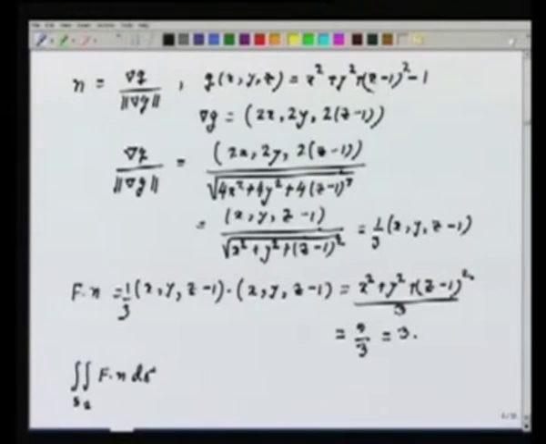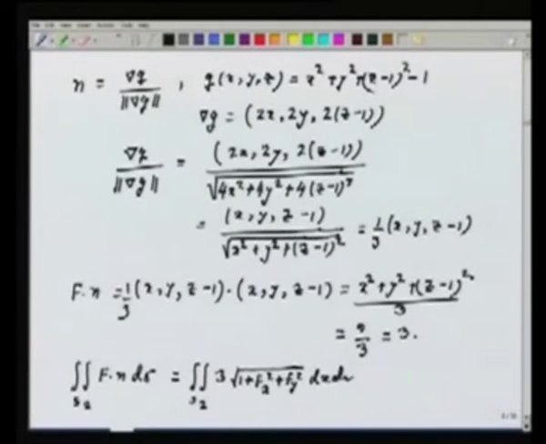Okay. So then the double integral over S2, f dot n is anyway 3, and then I can try to calculate what is d sigma. Now for d sigma, the upper hemisphere can be thought of as a graph, so I will write it as square root of 1 plus fx square plus fy square dx dy. I will tell you shortly what I mean by f.